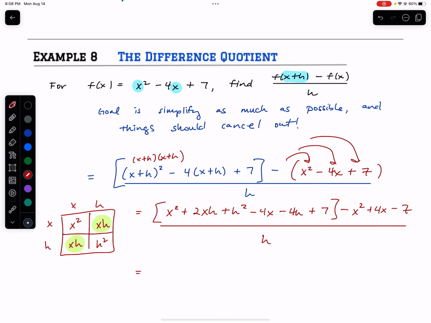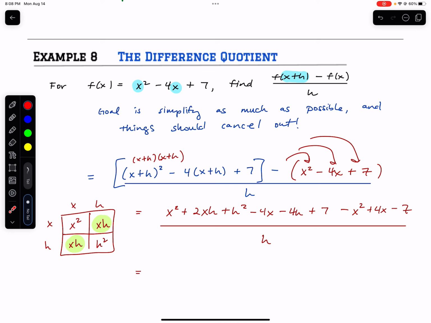So this equals, okay. Now, do we have any like terms? I don't see any like terms. Okay, so now because there's no like terms in here, I can remove the braces. So now we can combine like terms with anything here.